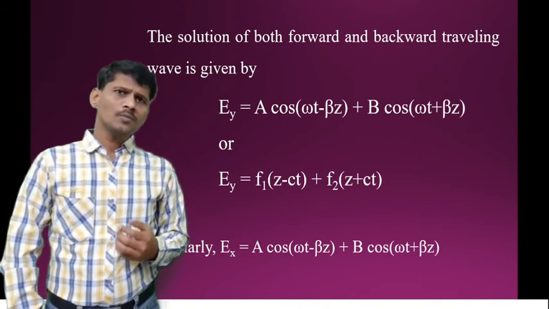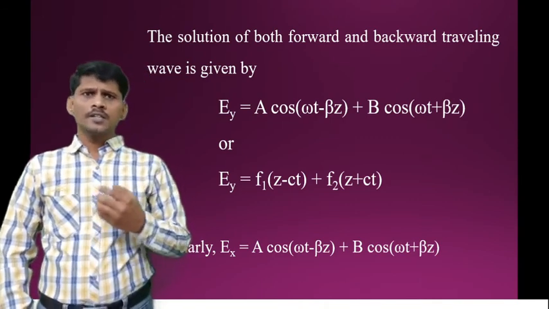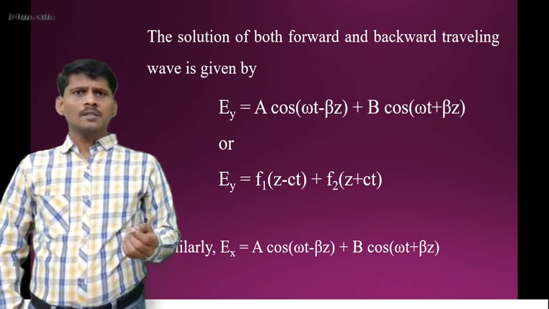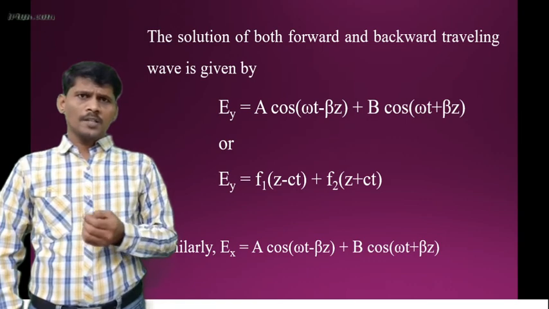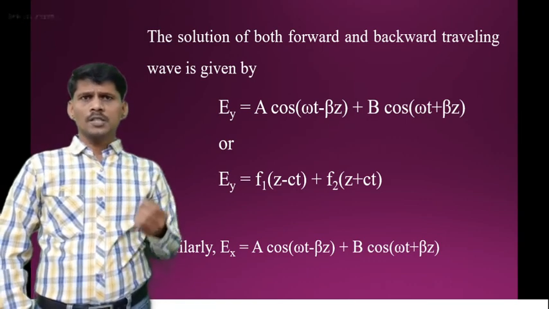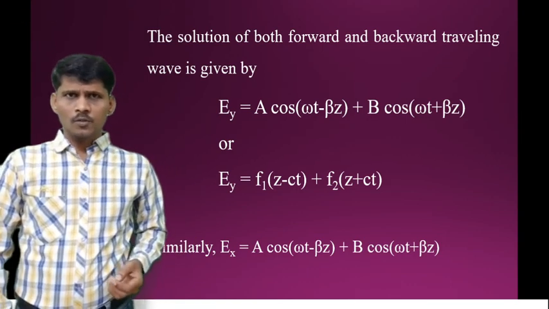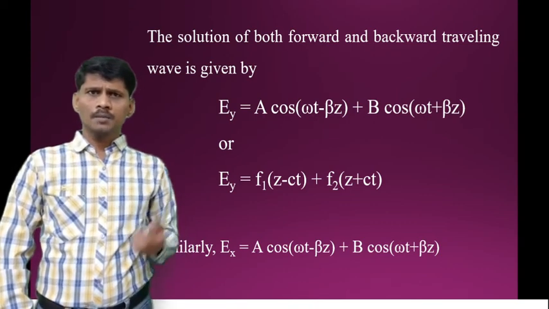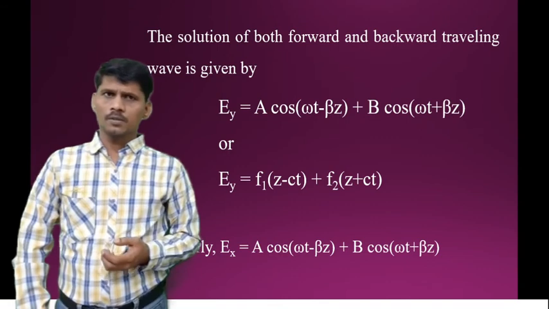And the exponential form general solution is Ex or Ey equal to A e^(-jβz) + B e^(jβz), where capital A and capital B are arbitrary complex constants.